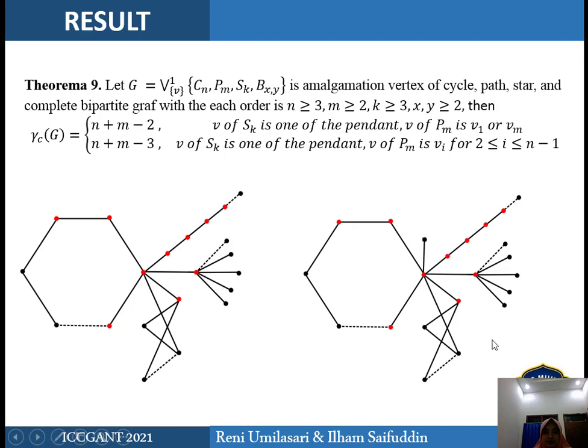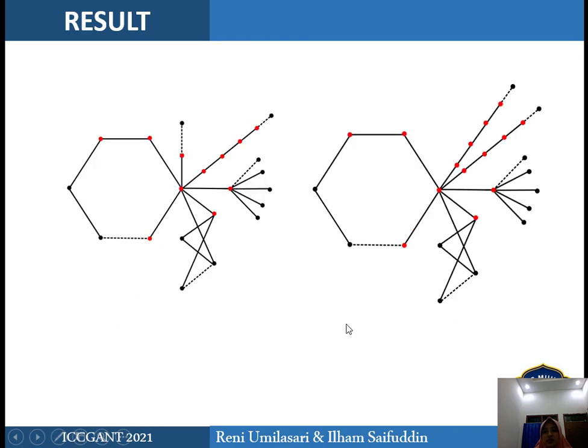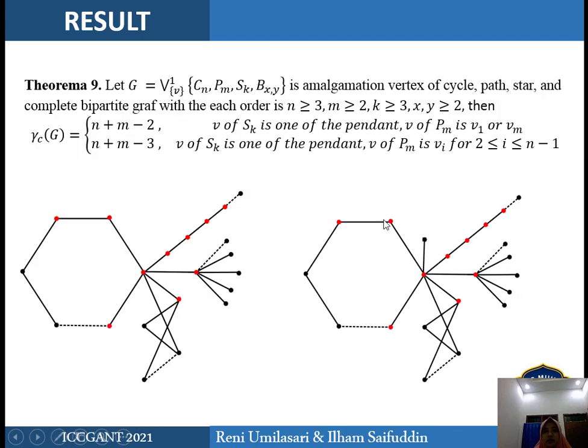The second possibility is if v of Pm is not the leaf or the pendant of the path, so it can be the second vertex, maybe the third, until maybe the middle of the path here. So based on the theorem, we get the value n plus m minus 3.